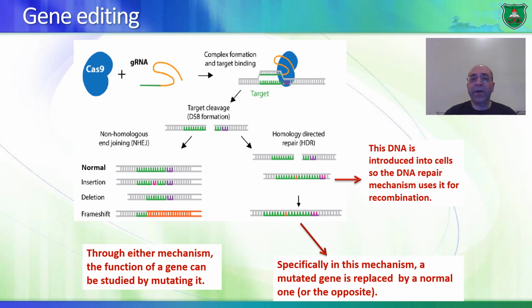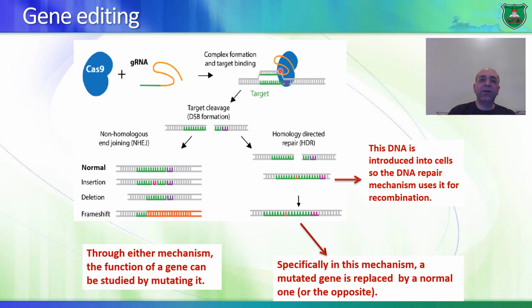So again, here's what happens. We introduce the Cas9 gene with the guide RNA. The RNA would guide the Cas9 to the region of DNA that we want to damage or replace. So you have the Cas9 guided by the RNA to the region of interest in our chromosome, or whatever chromosome, mouse, bacteria, human, whatever.